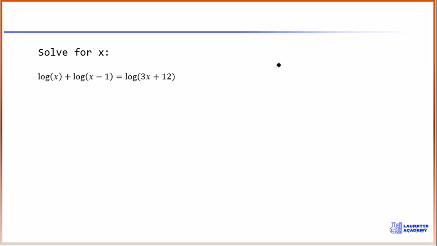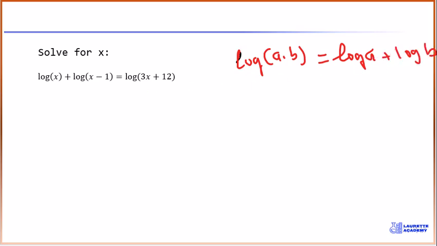We have a property of logarithms that says that log of a times b is equal to the log of a plus the log of b.